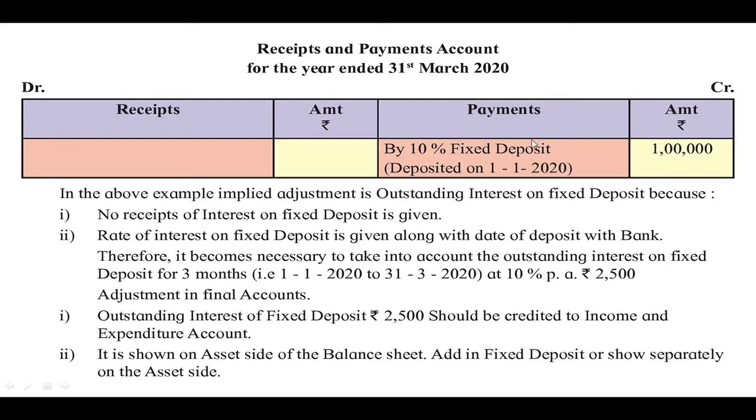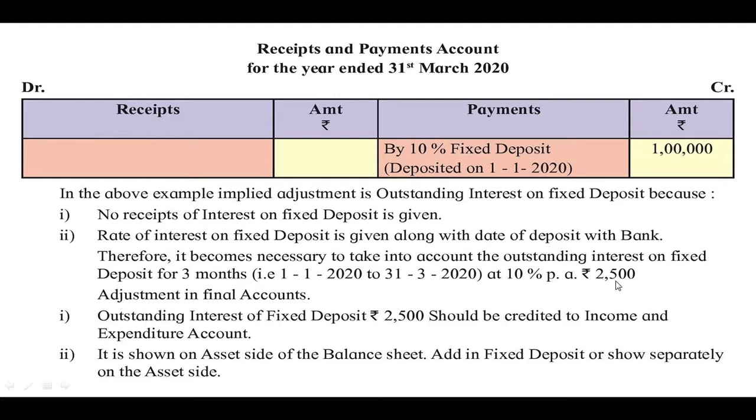It means the non-profit organization will receive the interest for 3 months. The rate of interest is 10%. So 10% of rupees 1 lakh is rupees 10,000. This 10,000 is for the full accounting year. From that we have to calculate only for 3 months, from January to 31st March. So that comes to 2,500.